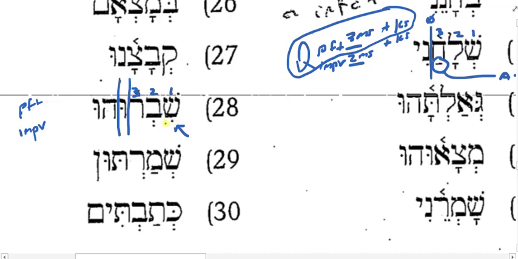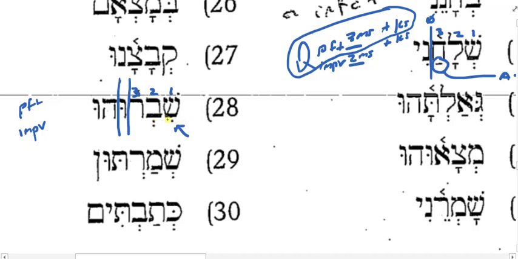Okay? Where do I see the hirik show up? It's in the imperative form. Remember, I get pakod, pikdi, pikdu, pakodna. Pakod, pikdi, hirik, pikdu, pakodna. And so the imperative of shavar would be shavor, shivri, shivru, shavorna.